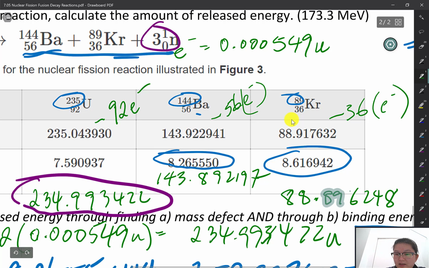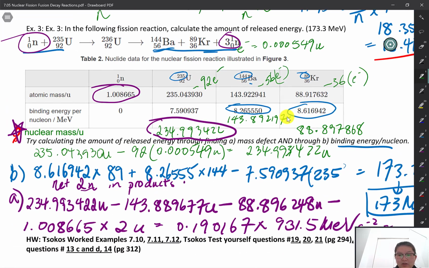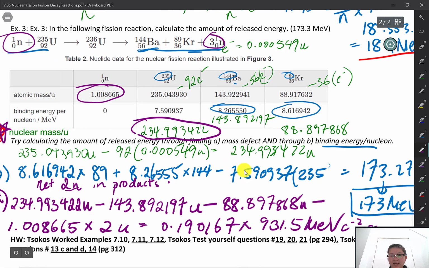And the same thing with krypton, 88.897868. If we go back and use these correct numbers, we should get exactly 173 mega electron volts.